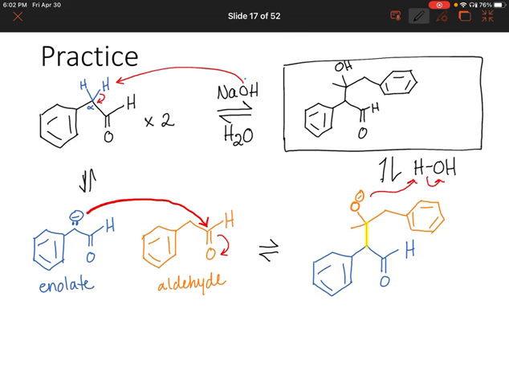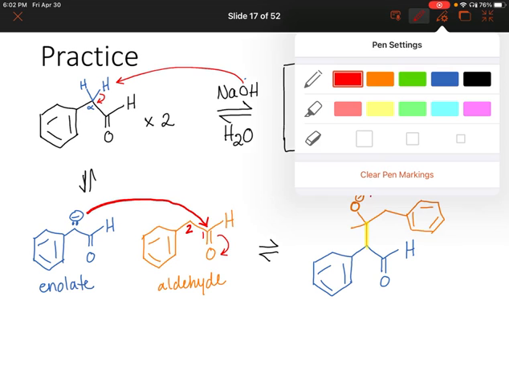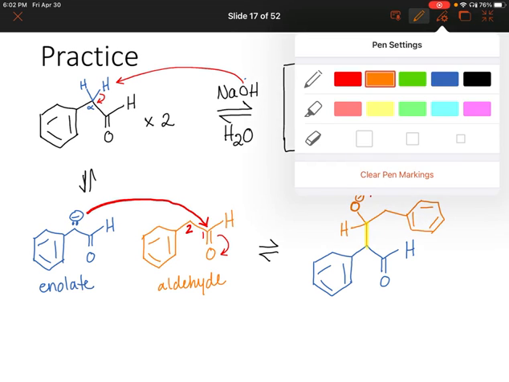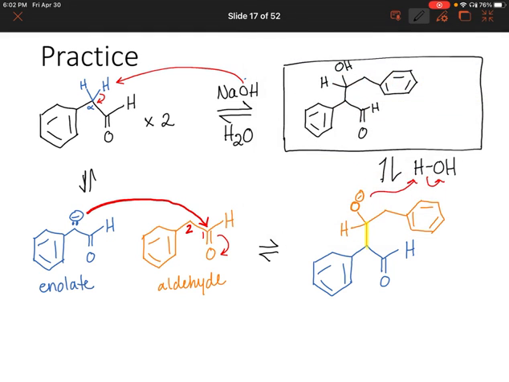So, for instance, maybe on the aldehyde, we could have counted, okay, I have 1, 2 carbons there. So now in the product, oh, whoops. This should be a hydrogen here. I apologize. That's a mistake on my part.